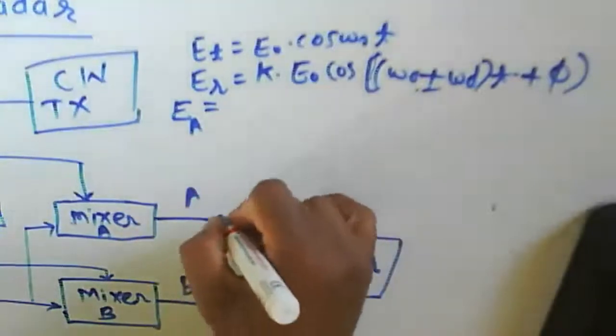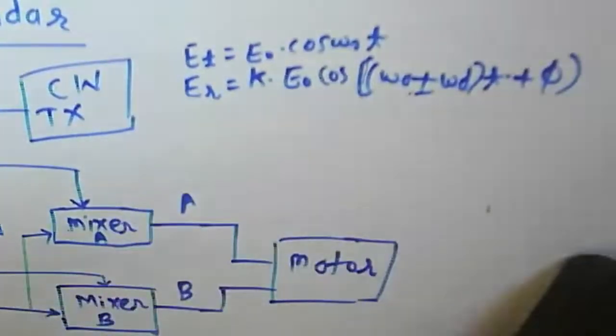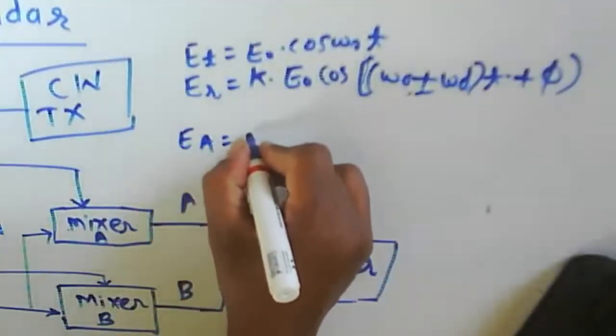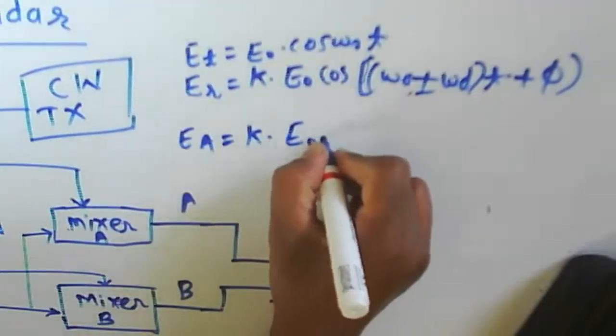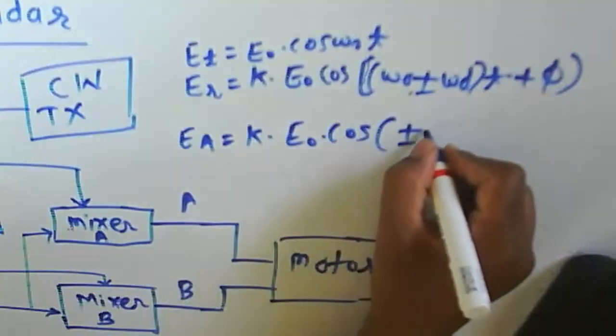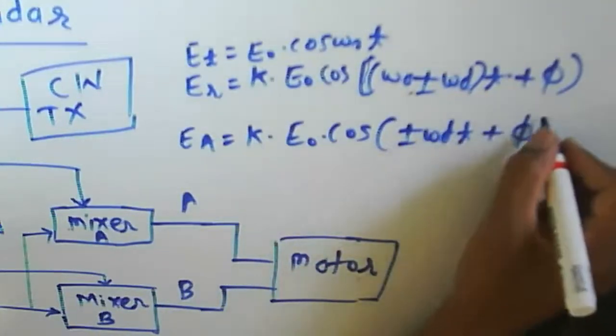But EA at this channel, we are supposed to get EA here at the mixer equal to what? What will be the constant here? Then E0 cos of plus or minus omega d t plus phi.